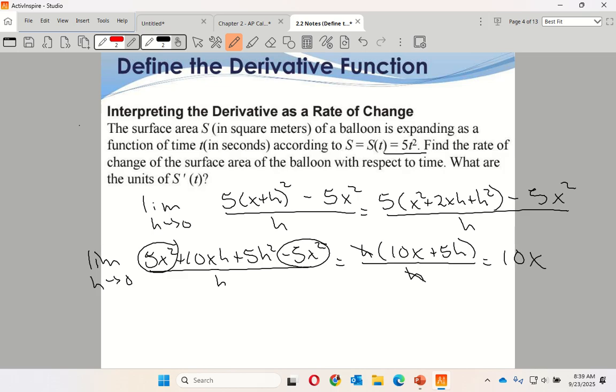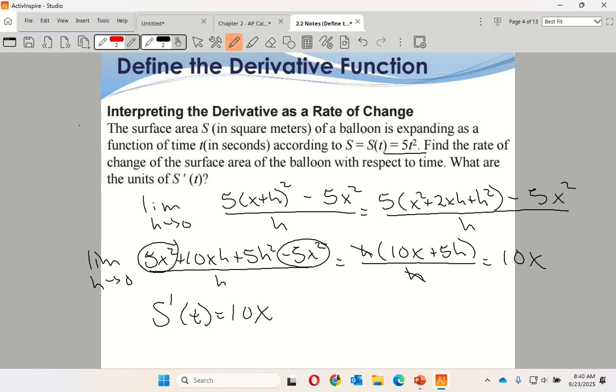Now, what does that mean? In this case, this represents my S prime of t, which is 10x. It's going to give me the slope at any given point, right? Slope at any given point.